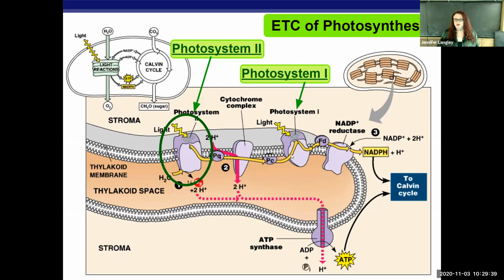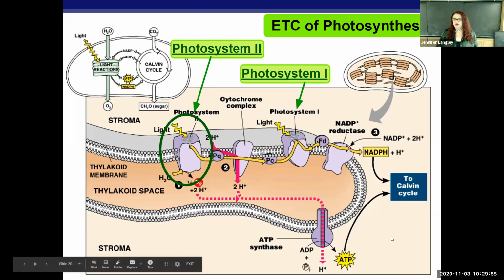After here, instead of kicking out hydrogens, it makes our NADPH. Those hydrogens are produced inside the thylakoid space. They go through the ATP synthase, meaning we have our ATP out here in the stroma.